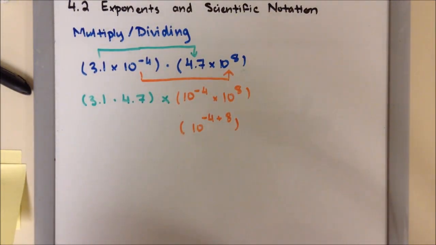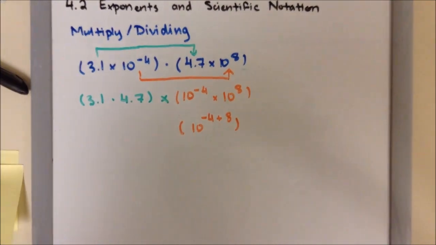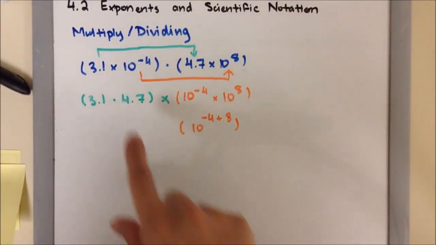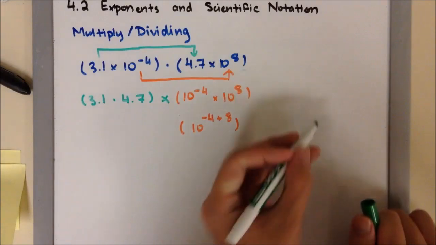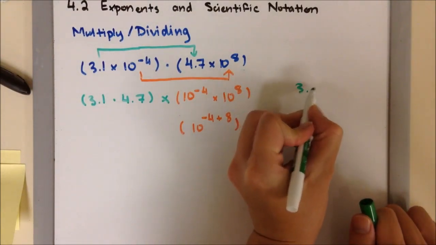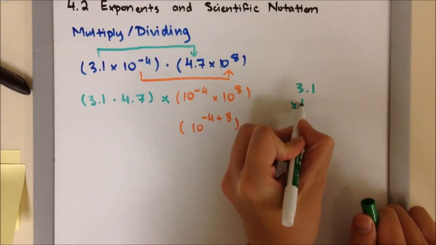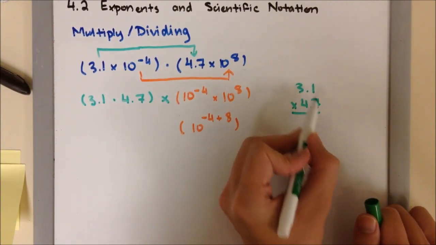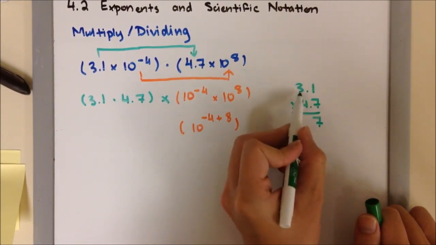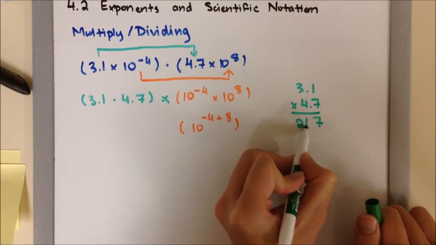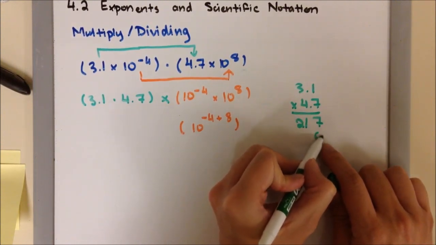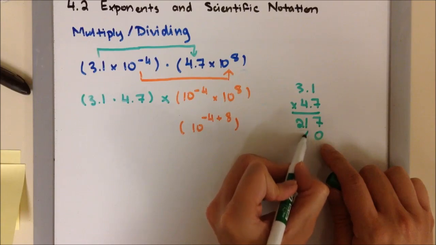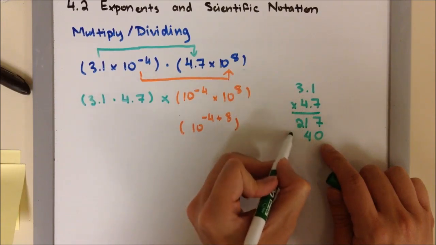Alright, from there, I'm going to be working with 3.1 times 4.7. So 3.1 times 4.7. When I multiply, 7 times 1, 7. 7 times 3, 21. I'm going to skip or add a 0. 4 times 1, 4. 4 times 3, 12.